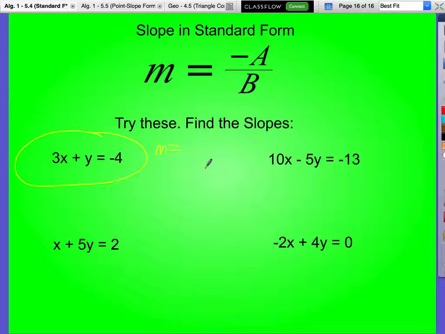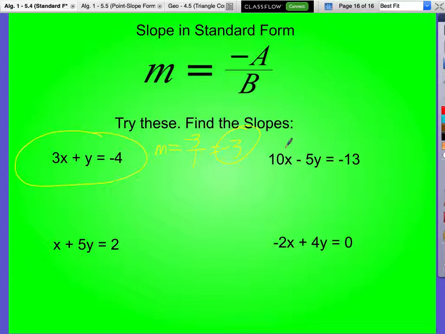Okay, I'm going to get a volunteer to help me out with this one. Riley, what are you thinking? So you do negative 3 over 1 and you get negative 3. We do negative 3, because negative a is 3, negative of 3 is negative 3, over 1, which is our b. Negative 3 is the slope. Yes.